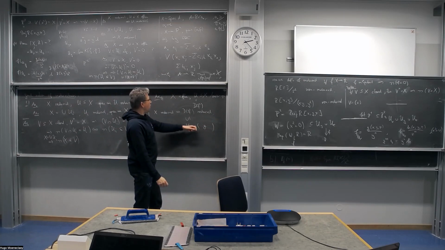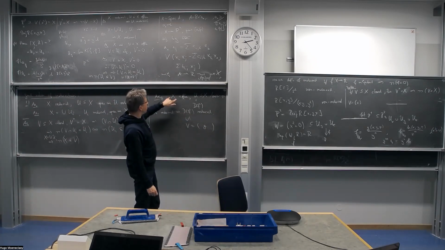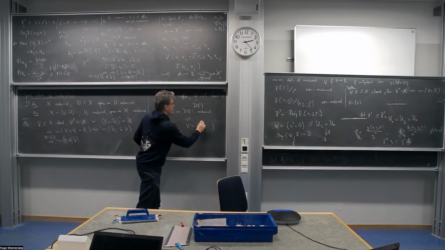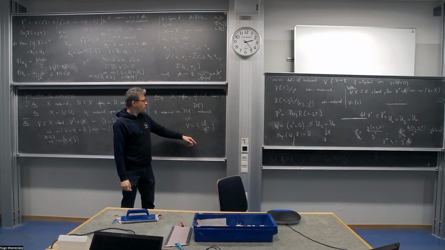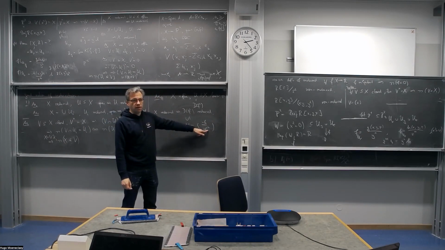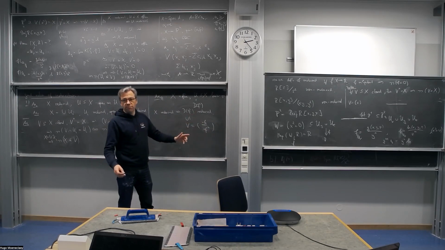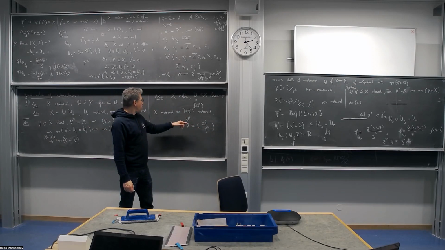This equation is given by a global section, a global function on X, and maybe with some f's in the denominator. But you can just remove f to the n here, because it doesn't change anything on D(f).